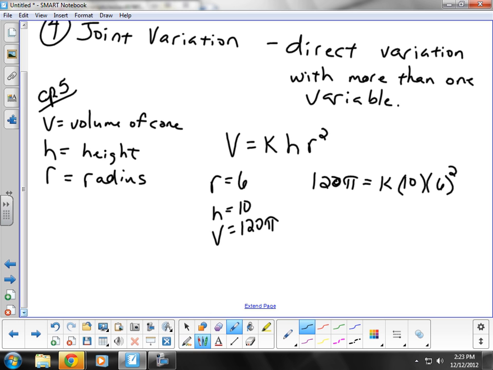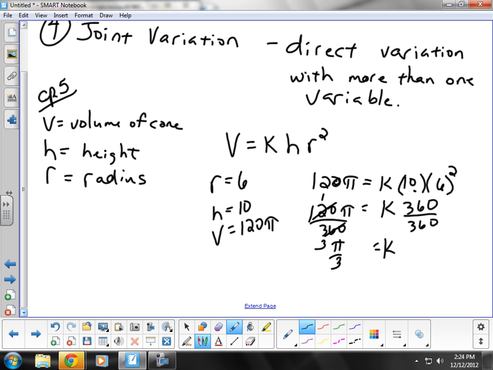Let's plug the numbers in. So we've got 120 pi is equal to K times, 6 times 6 is 36, times 10 would be 360. And then what do I do? Divide by 360. So K is equal to pi over 3, because 120 goes into 360 3 times, right?